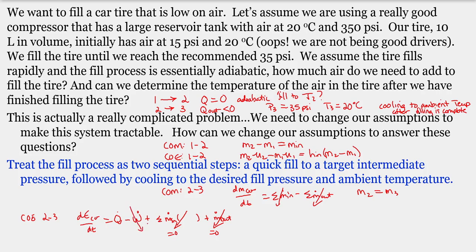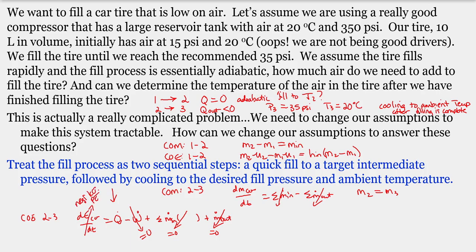Here, we still have a fixed volume, so we don't have to worry about any work in this system. This is equal to 0 for the same reasons the work transfer is equal to 0 in the fill process. We've already identified that 2 to 3 is a cooling process, so we can't eliminate this heat transfer term. But we will neglect kinetic and potential energy effects.